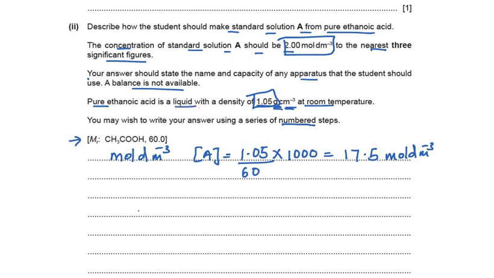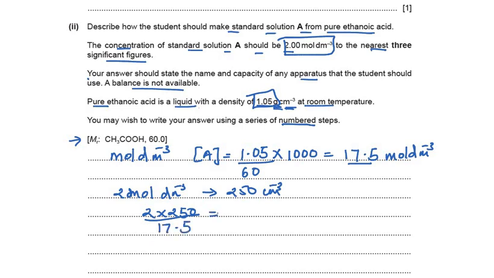Now if we want a concentration of 2 moles per dm³, and suppose we want to make 250 centimeter cube of solution, then we multiply 2 into 250, because we want 2 moles per dm³ in 250 centimeter cube of solution, and we divide that by the concentration of the pure liquid, 17.5 moles per dm³.